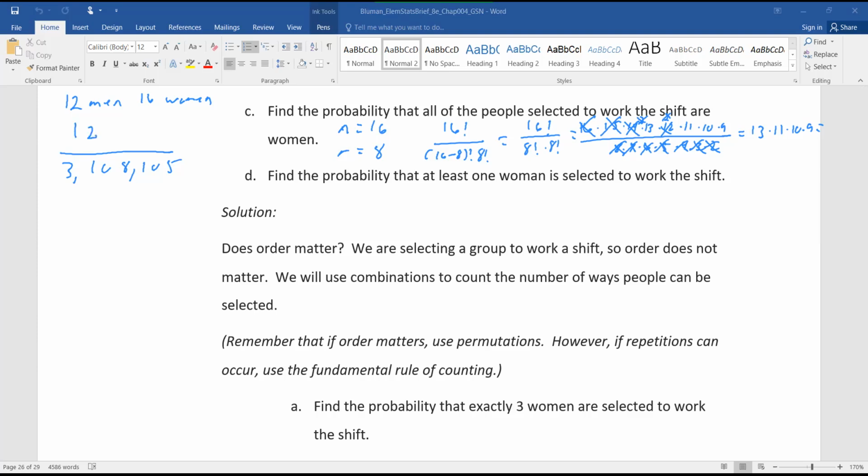So that's our total options there on making a full women's staff out of all the options I had. We simply just plug that into the calculator. We can definitely tell the odds are going to be much higher. So 12,870 divided by 3,108,105.